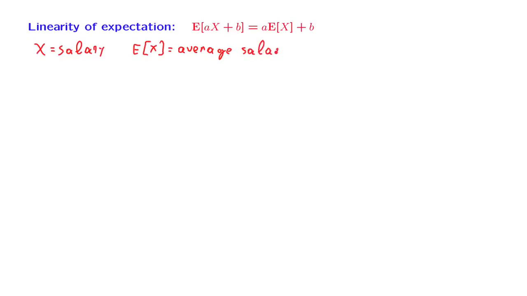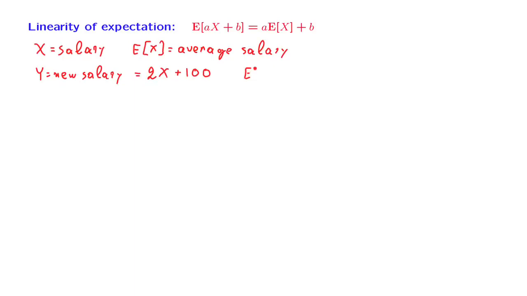And now suppose that everyone gets a raise and y is the new salary. And generously, the new salary is twice the old salary plus a bonus of $100. What happens to the expected value of the salary, or the average salary?